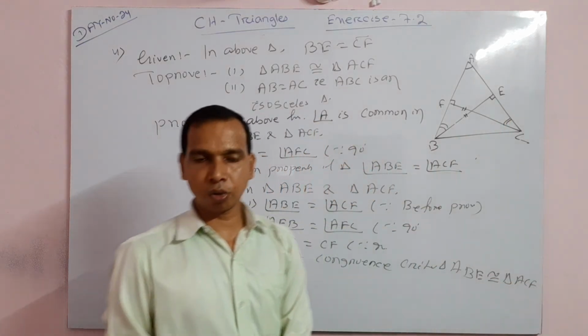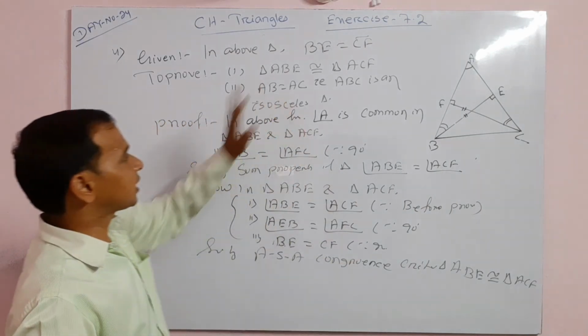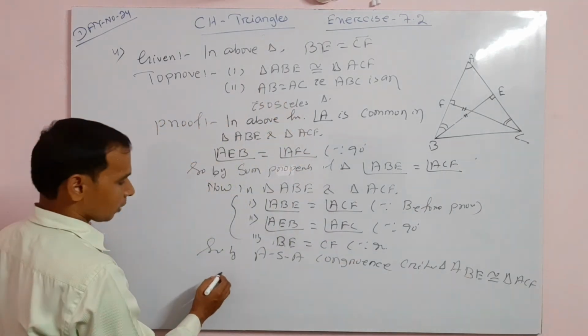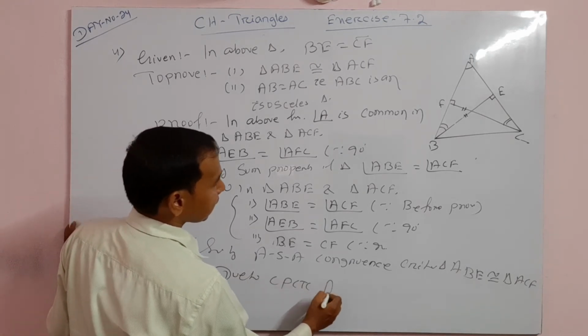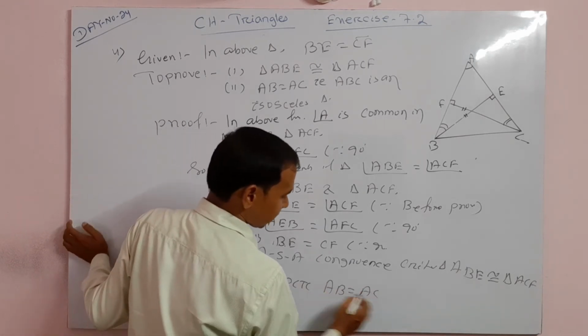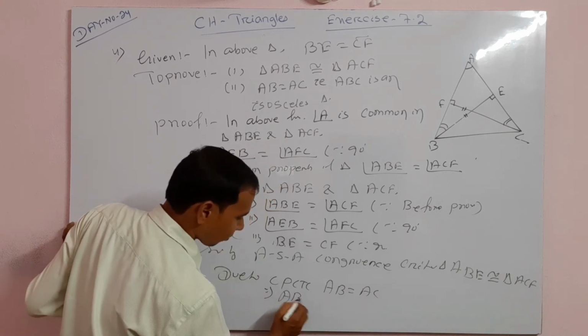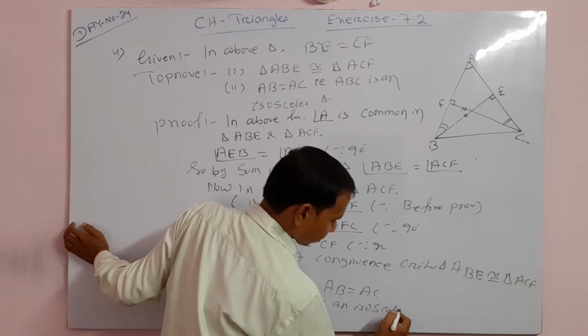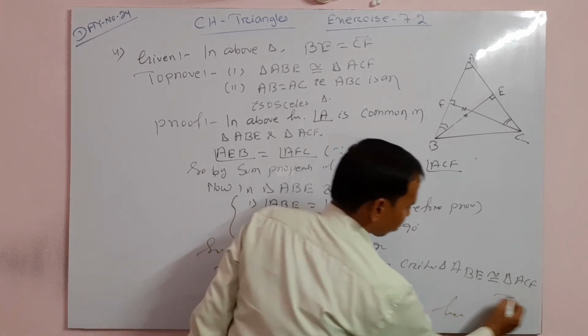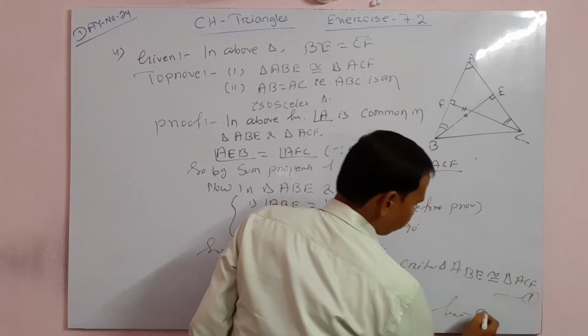Two triangles are congruent, so proved one. Okay. Second option here, due to CPCTC, AB equal to AC implies ABC is an isosceles triangle. Proved 2. This one 1, this one 2 proved.